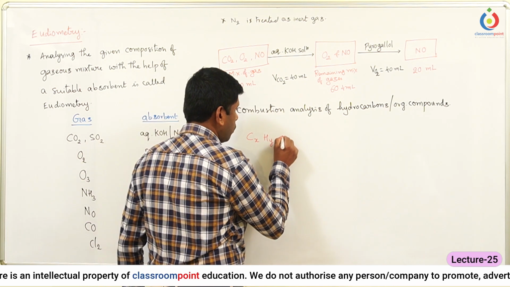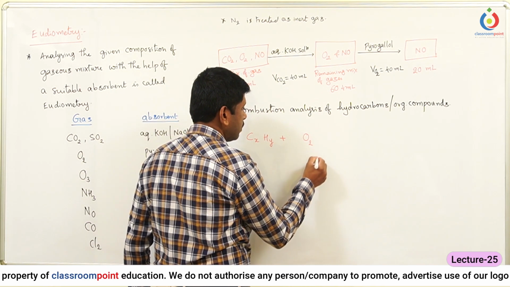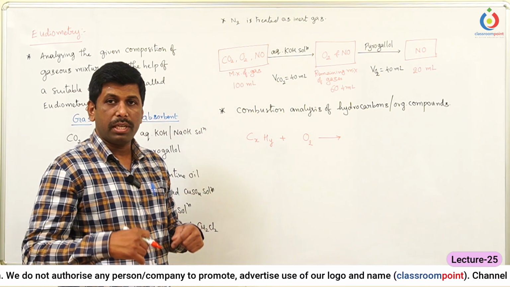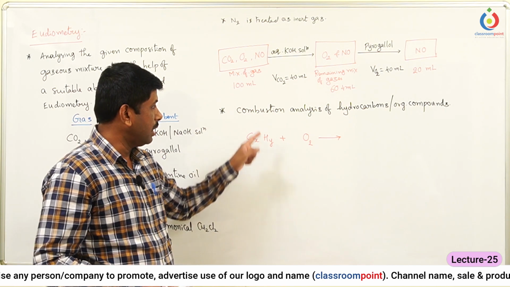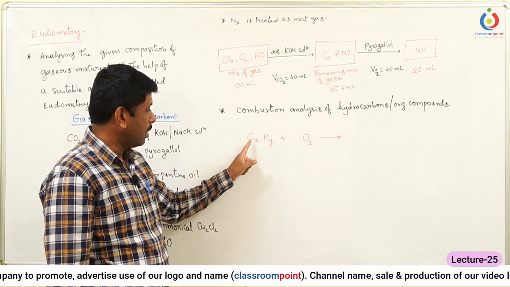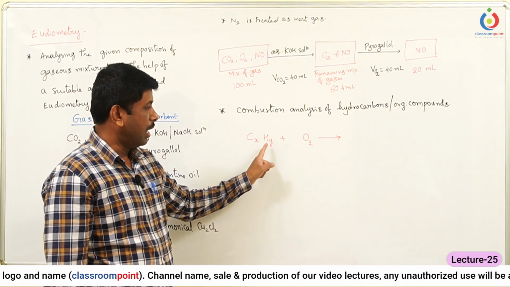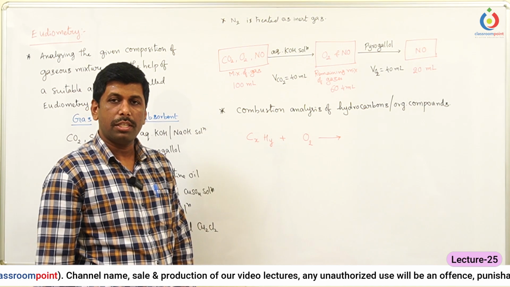So these are going to react with oxygen. As I said, every element has to be converted into its respective oxide form in the combustion reaction, so carbon will convert into its respective oxide, that is carbon dioxide, and hydrogen will convert into its respective oxide, that is water.